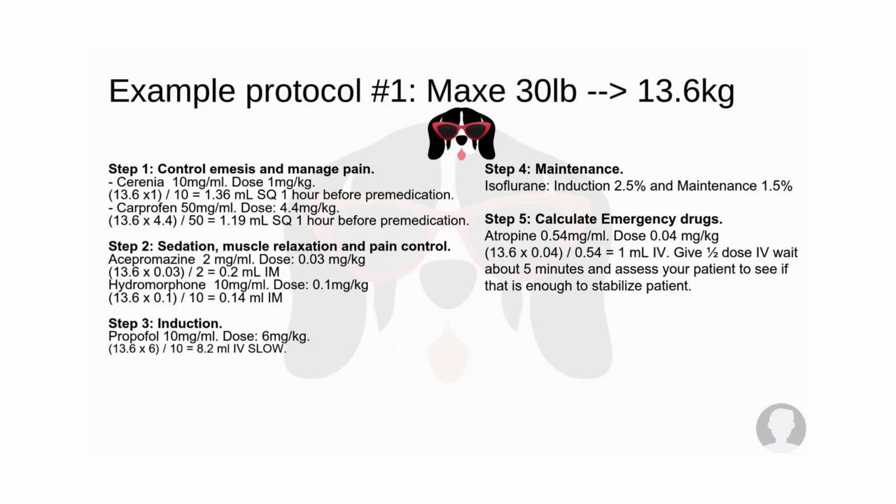The dose that I'm going to use is 1 milligram per kg. So if Max is 13.6 kilograms, I'm going to multiply that by the dose, which is 1, and then divide that by the concentration, which is 10. So I got 1.36 ml that I'm going to give sub-Q 1 hour before my premedication.